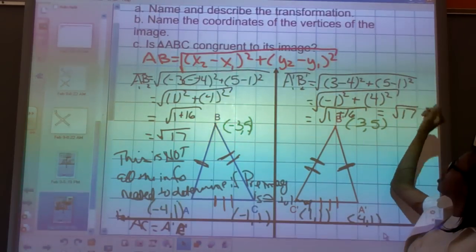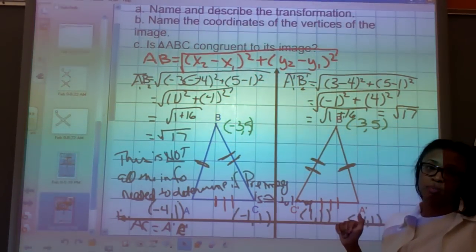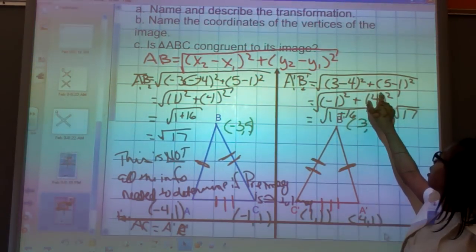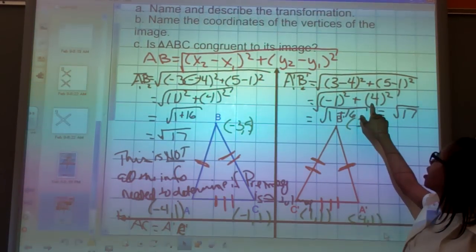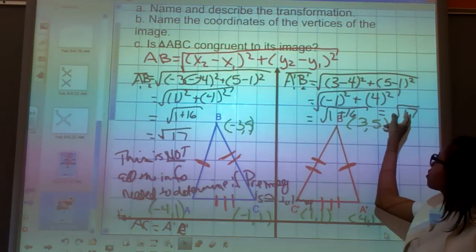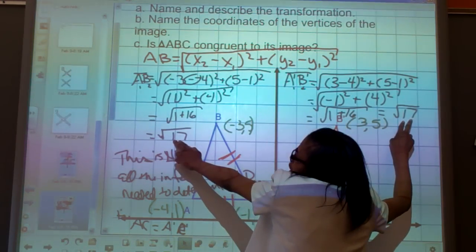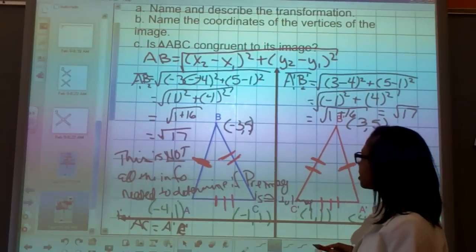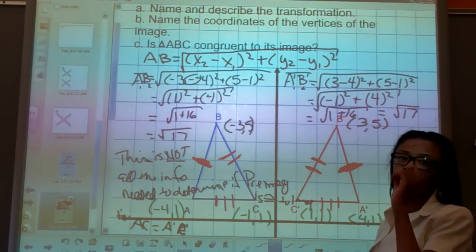So 5 minus 1 squared. And I'm moving fast on this portion because I would hope that you remember the distance equation back in chapter 1. Okay? 3 minus 4 is negative 1 squared, plus 5 minus 1 is a 4, squared. Negative 1 squared is a positive 1, plus the 16. And 1 plus 16 is the square root of 17, square root of 17. And we see that both lengths are exactly the same. So I can mark on here that AB, put that symbol on there, is the same length as A prime B prime. Now that's only one leg.